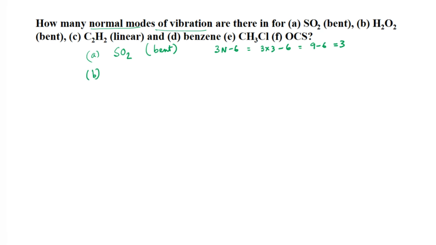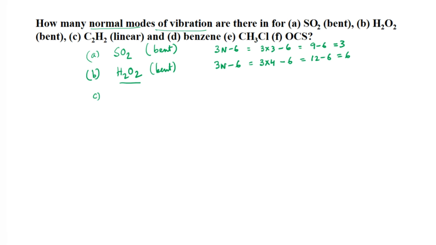Now, for the next molecule we have H2O2, hydrogen peroxide. So, this is also a bent molecule. So, we have 3n minus 6 normal modes. So, 3 times 4, because now we have 4 atoms, minus 6, that is 12 minus 6 equals 6.